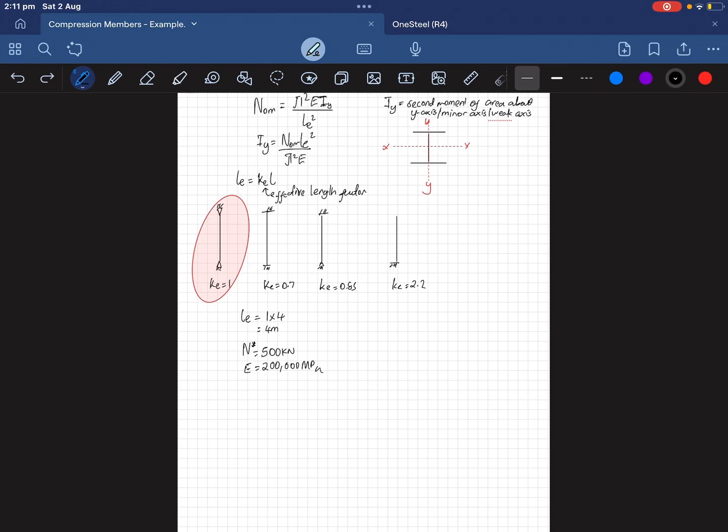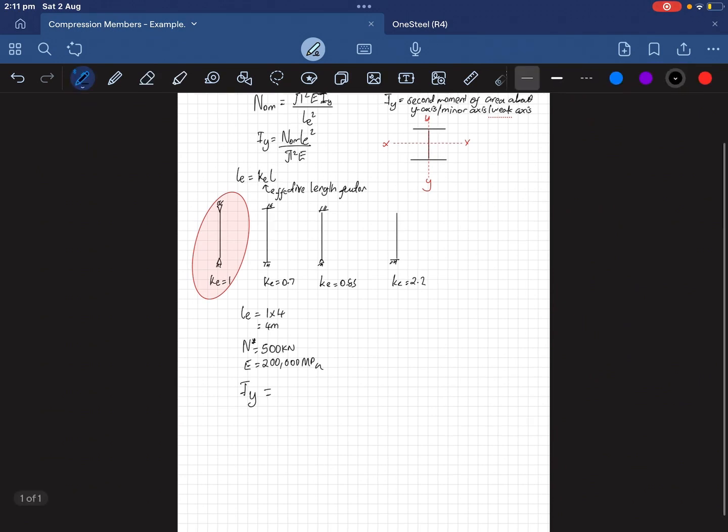Okay, so IY equals 500 times 10 to the power 3 times 4 times 10 to the power of 3 squared divided by pi squared times E.